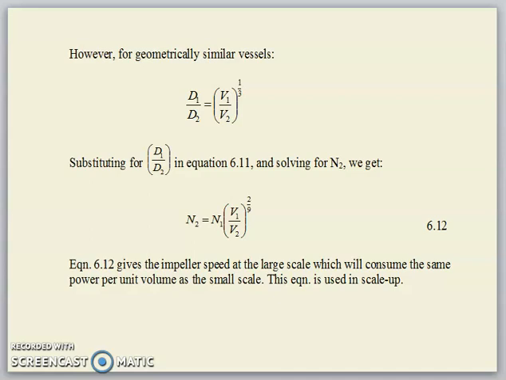Then substitute for D1 over D2 in the equation and you can solve for N2, the tip speed. Then you can see that the equation for the tip speed gives the impeller speed for the large scale, which will consume the same power per unit volume as the small scale. So this equation you can use for scaling up.